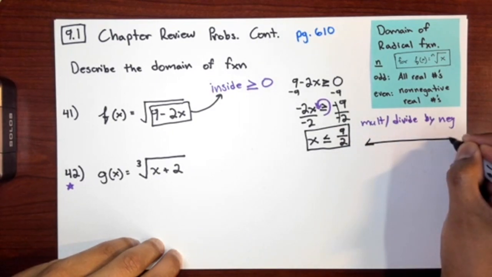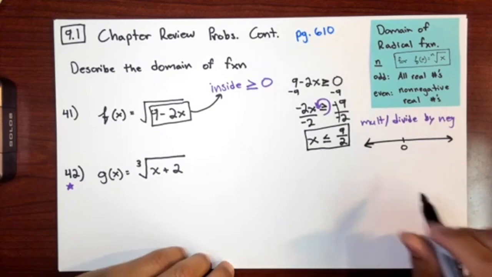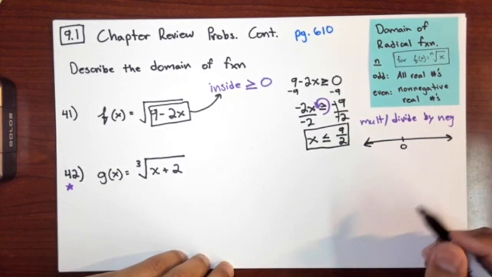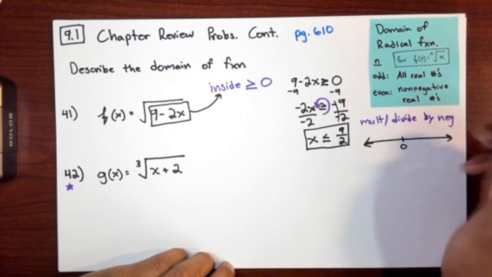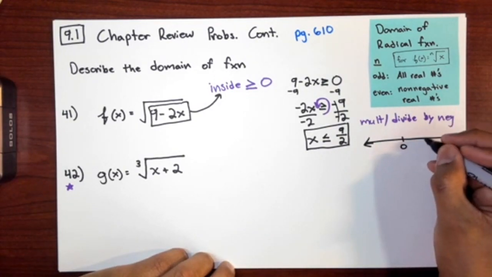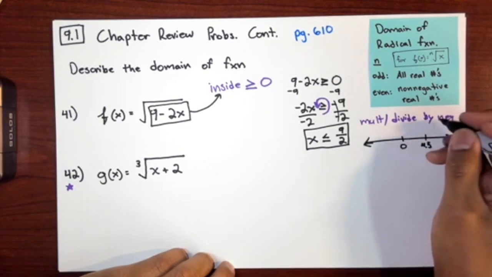Now, interval notation helps out if we go ahead and make a little number line with the 0 in the middle, whereas 9 over 2 is going to be something like 4.5, I believe. So let's just write 4.5 right here.